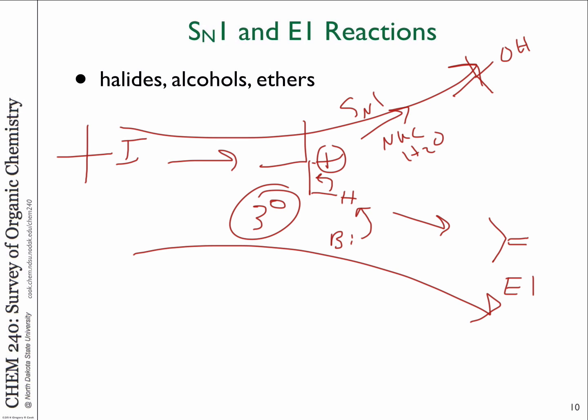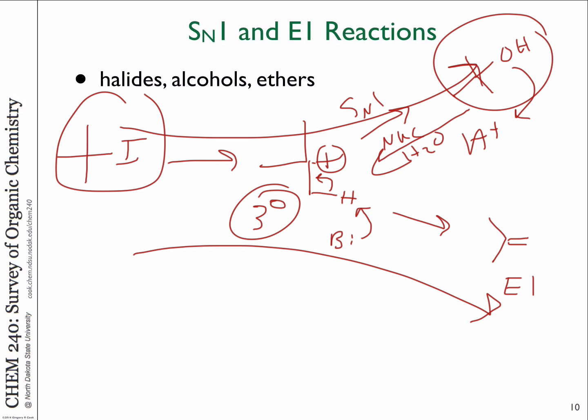Okay. Alcohols, if you protonate an alcohol, you form an OH2 plus on there. As I said, the reverse of this with an H plus. You form an OH2 plus and it comes off, and then you can form the carbocation. So you can do substitutions and eliminations starting from alcohol, starting from iodide, starting from ethers.